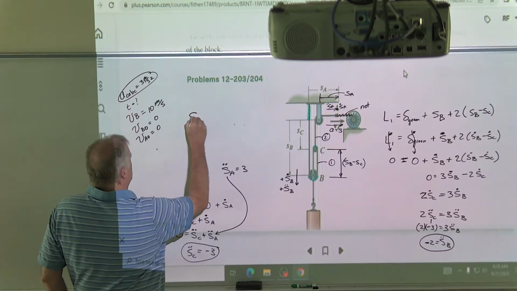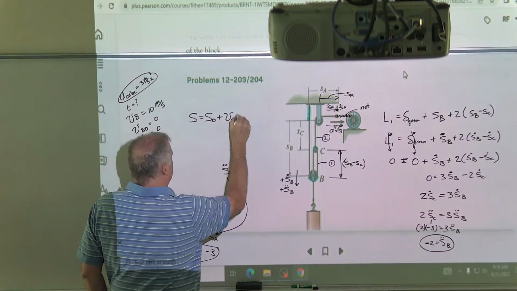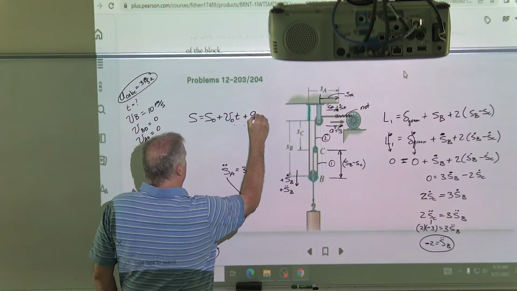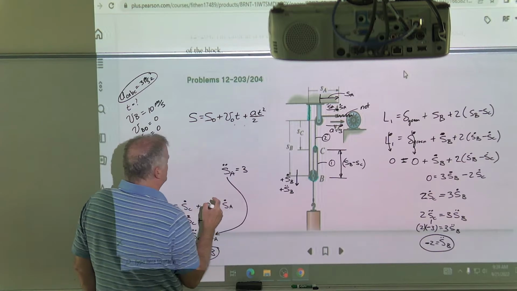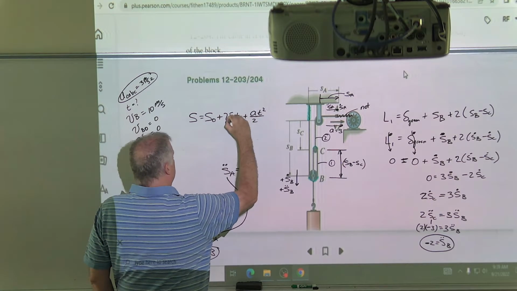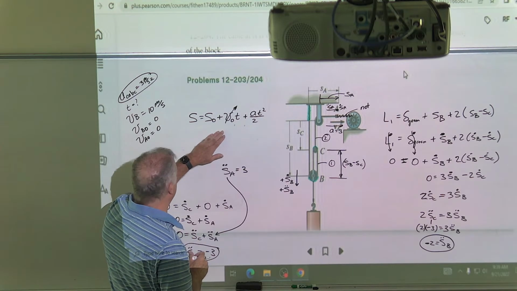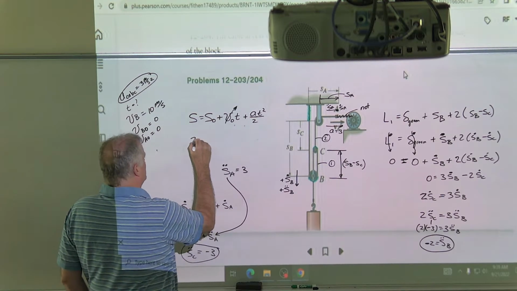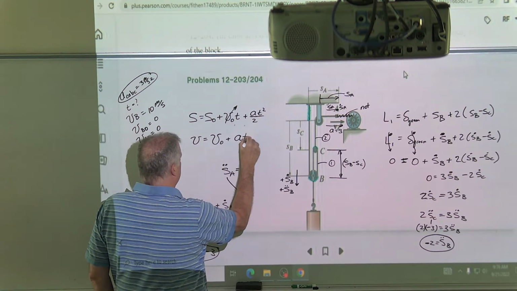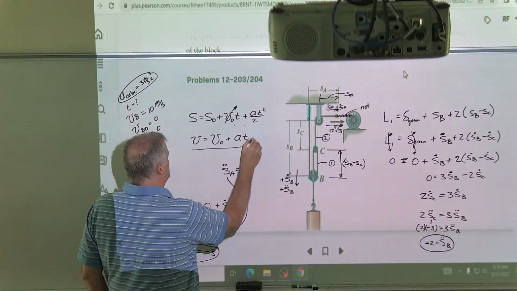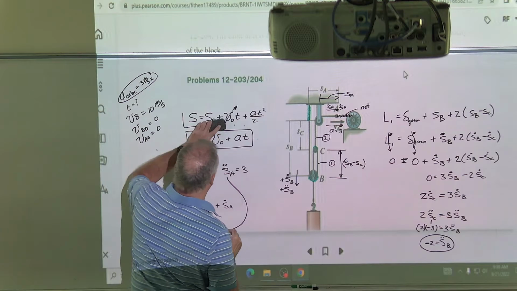So if I wanted to write an equation, it would look a lot like this. If it's constant, that's what it looks like. Well now, he wasn't interested in the position, he was interested in the velocity, that's right. So the velocity equation becomes v naught plus acceleration times t. So this is the standard form for constant accelerations. Hang on.